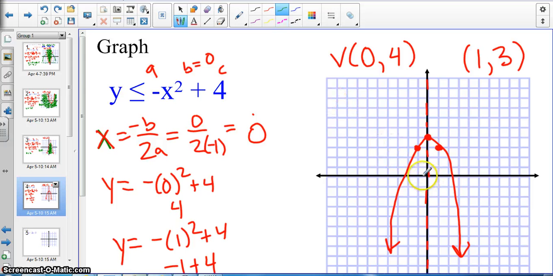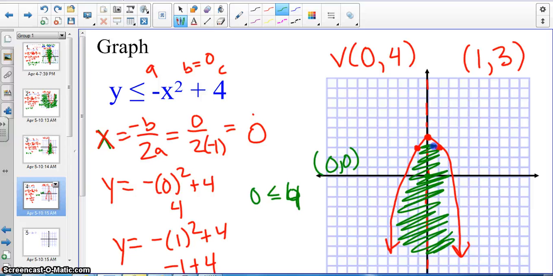So I'm going to pick the point 0, 0 and plug it in. So plug in 0 for y, 0 for x. Is 0 less than 4? Yeah, 0 is less than 4. So that made it true, so I can graph everything inside the parabola, or shade everything.